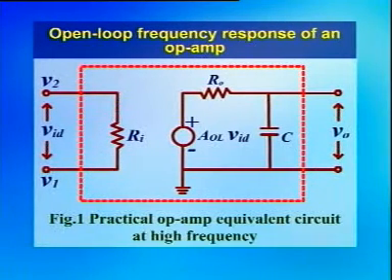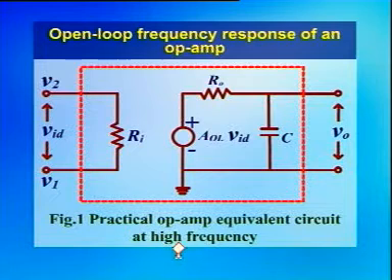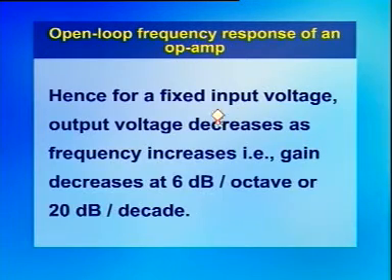The equivalent circuit of a practical op-amp at high frequencies is as shown in figure 1. In this figure, all the capacitance effects are represented by a single capacitor C across the output terminals, and this capacitance with the output resistance of the op-amp forms a low pass network, and hence for a fixed input voltage, output decreases as frequency increases, that is, gain decreases at 6 dB per octave or 20 dB per decade.